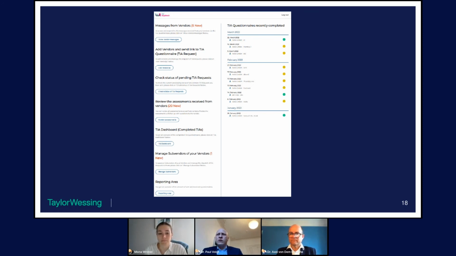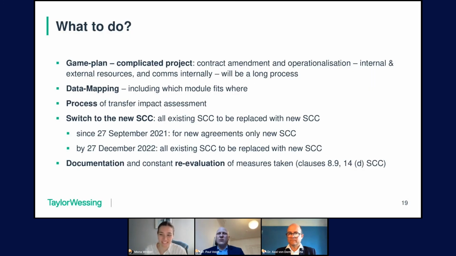Mona, what do companies need to do now urgently in order to get ahead to deal with the respective requirements? Well, first of all, they need to start. It's been 2 years since the Schrems II decision and 1 year since the SCCs have become effective.